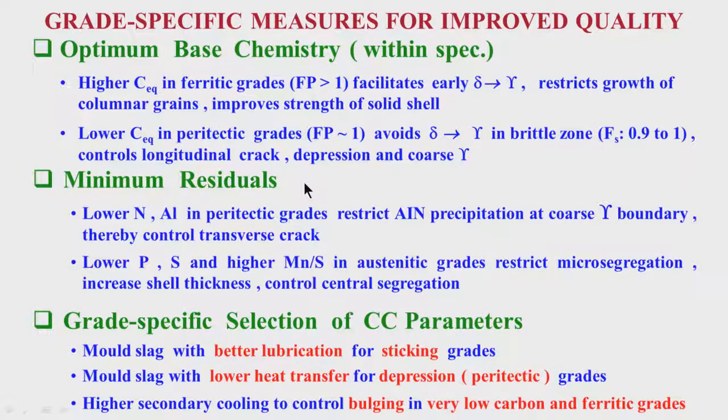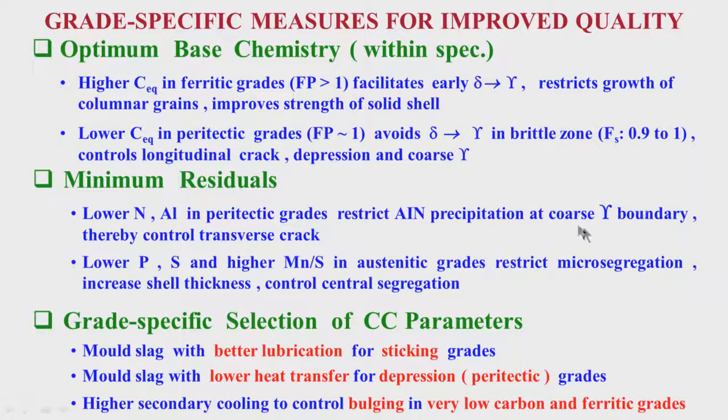What I have talked about in peritectic grades, I have mentioned that we have very coarse austenite grains. Why are austenite grains coarse? Because of depression formation, the heat transfer in the mold is affected. Because of that, the cooling rate, the casting rate also comes down.